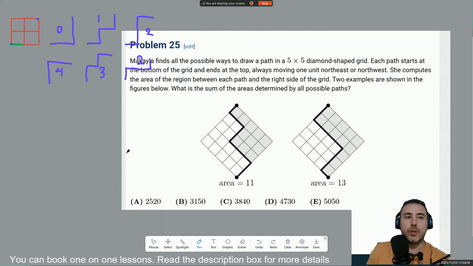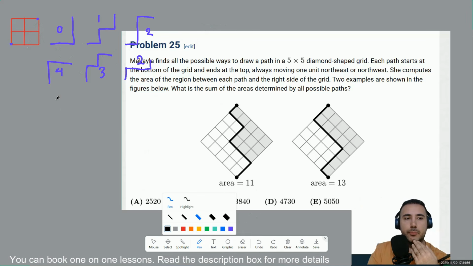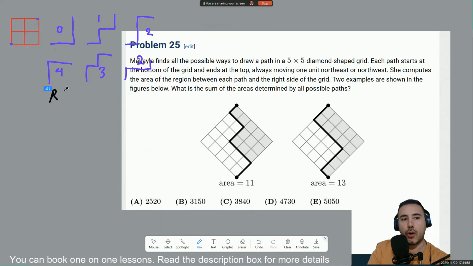So I'm going to write right by R. I think I don't like the color. I can change it to blue. So R, up, represent this. Right, up. What if I change the order of these letters? Right, up. Then it's going to be right, up.